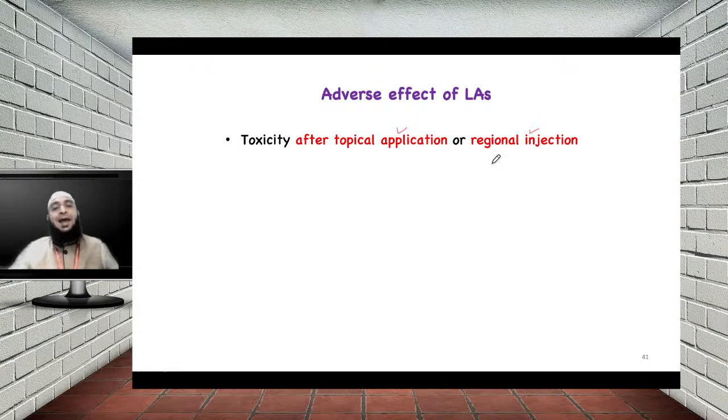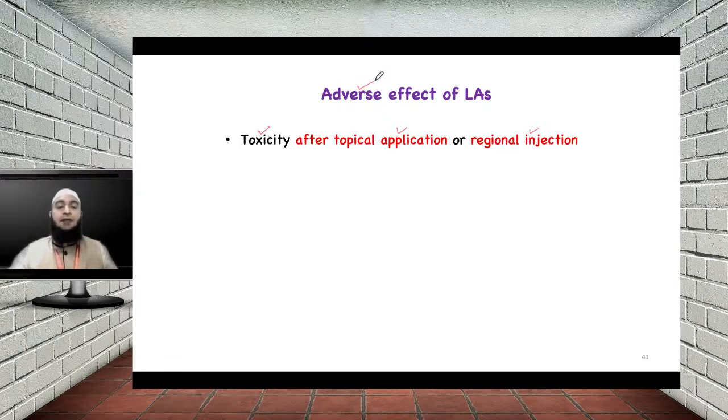Where you have given the anesthetic agent, it is expected to produce anesthesia there. Now sometimes, even though you have applied it topically or injected it regionally, the drug may go into systemic circulation and produce toxicity or adverse effects.